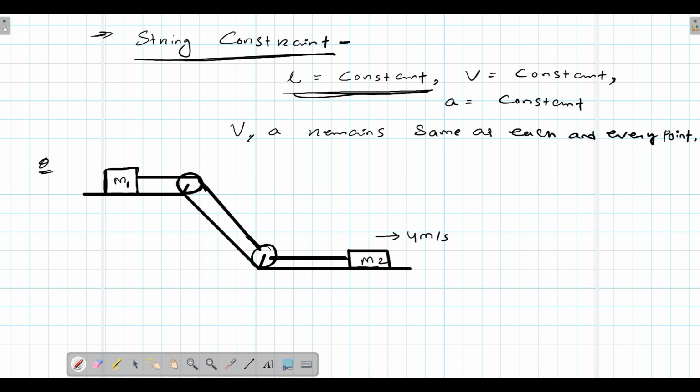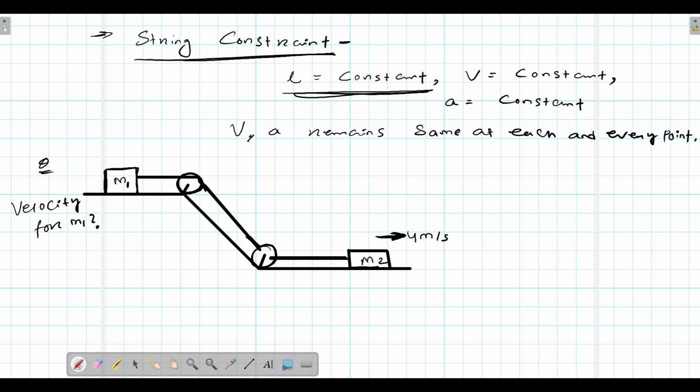As this moves with speed 4 meter per second, so what is the velocity for m1? M2 moves with velocity 4 meter per second. So what is the velocity for m1?